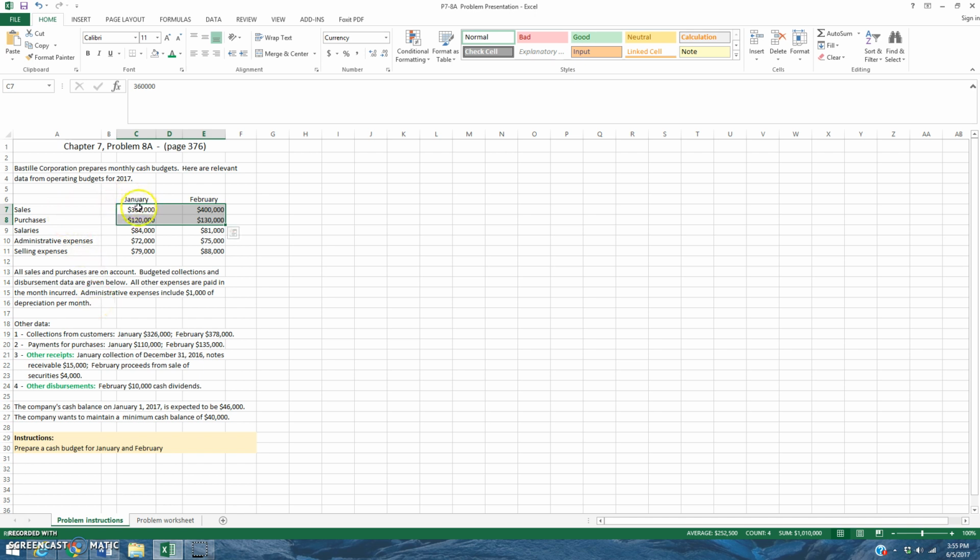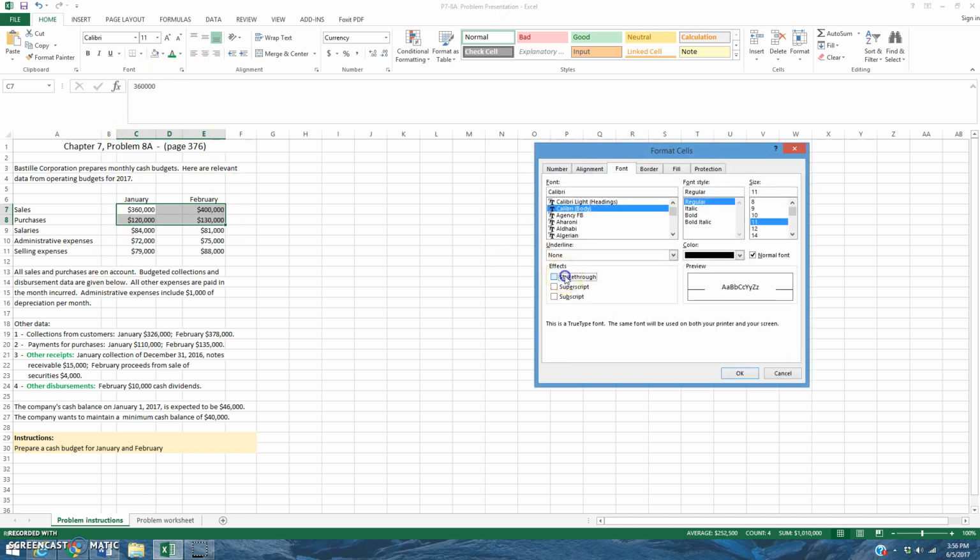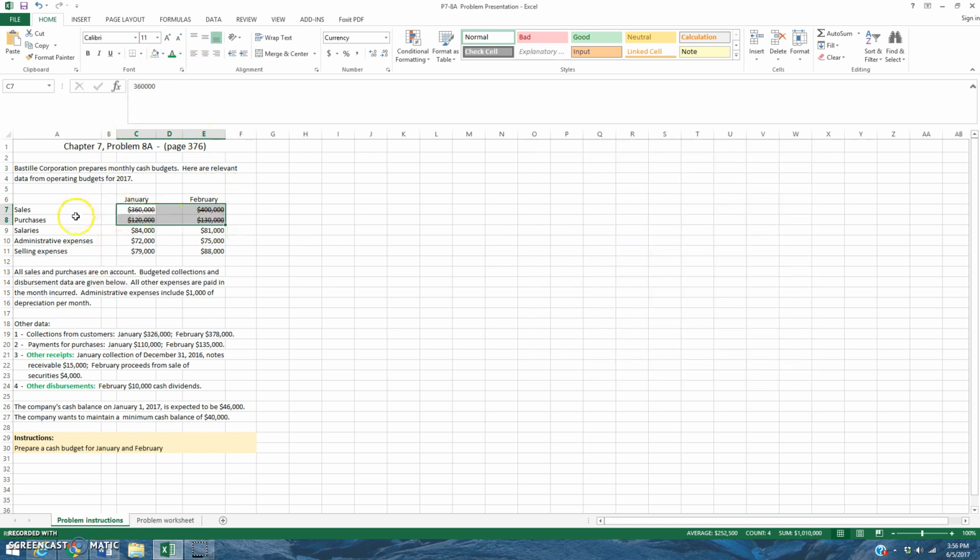And sales and purchases doesn't necessarily mean that that's the amount of cash that came through, since it's on account. So for the sake of this presentation, we are going to strike out these 4 numbers so we make sure we don't use them. Reading on, it tells us that budgeted collections and disbursement data are given below.